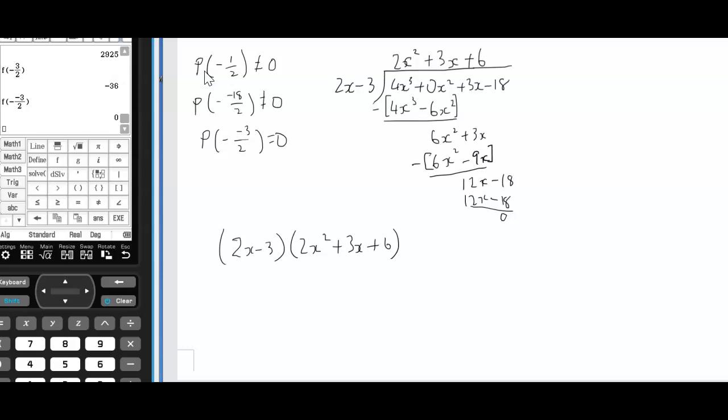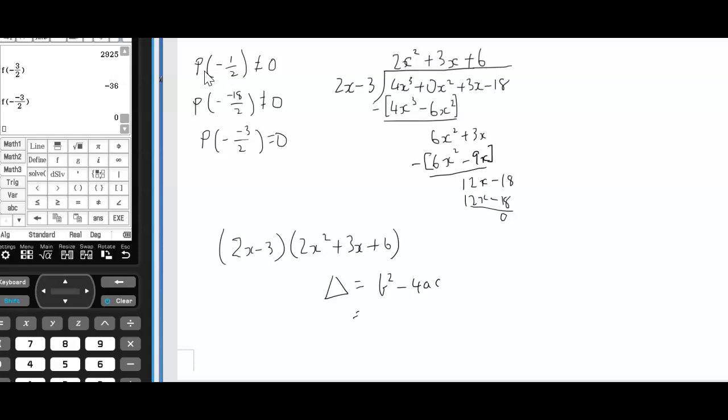Now we do need to see if we can factorize that any further. It is in a quadratic form, so can that be factorized? A quick check is to use your discriminant, b squared minus 4ac.